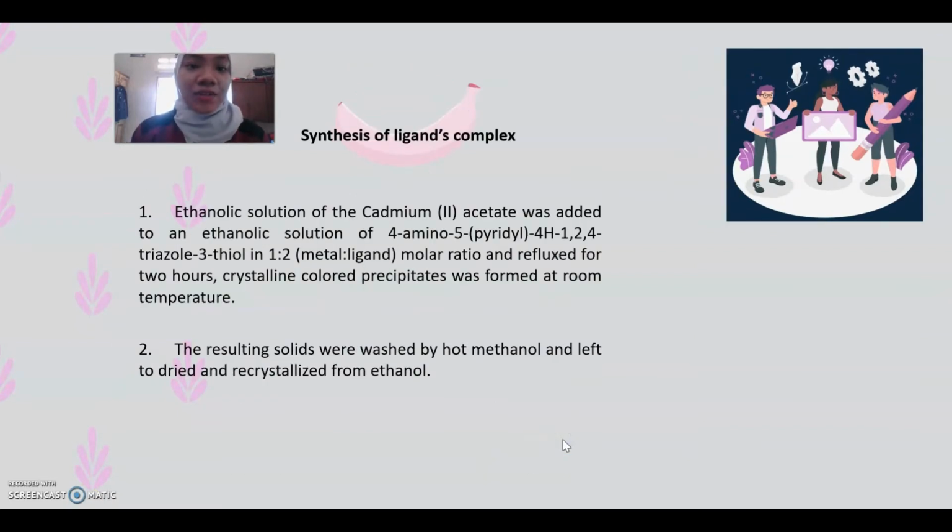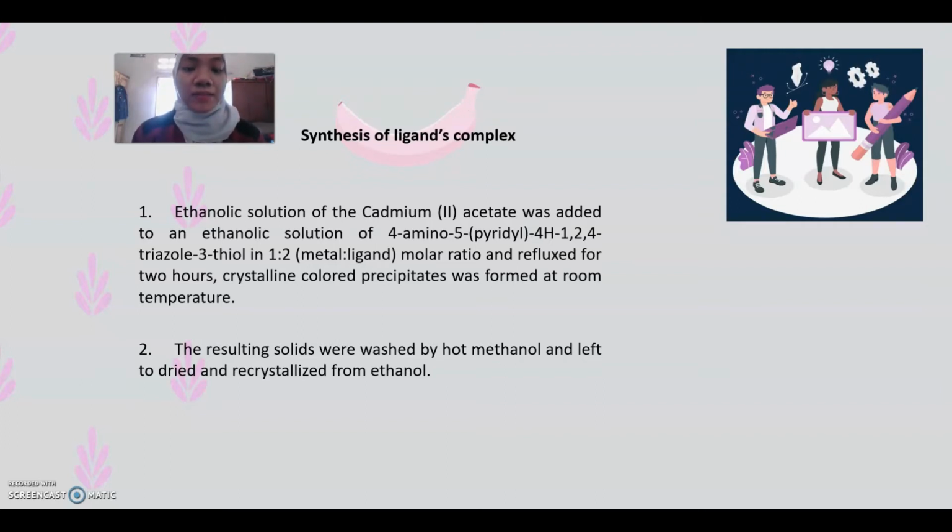Next is synthesis of the ligand's complex. The first step is an ethanolic solution of the cadmium(II) acetate was added to an ethanolic solution of 4-amino-5-pyridyl-4H-1,2,4-triazole-3-thiol in ratio 1:2, which is metal ligand molar ratio, and refluxed for 2 hours.